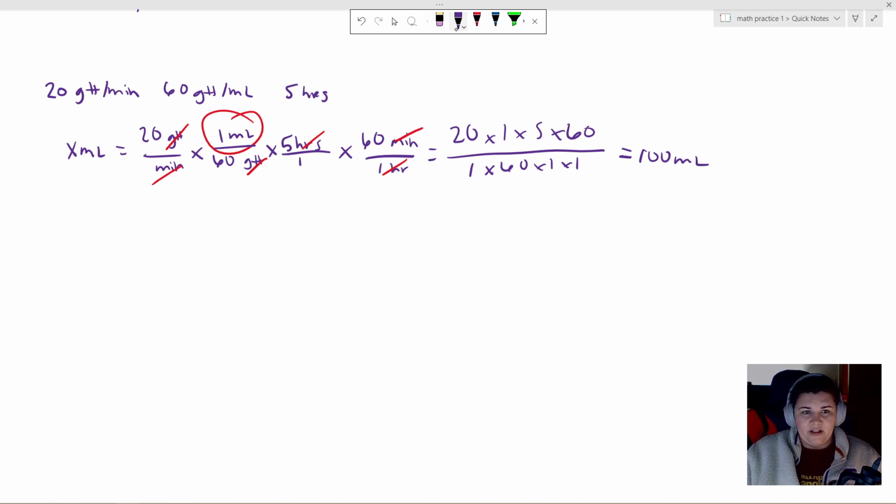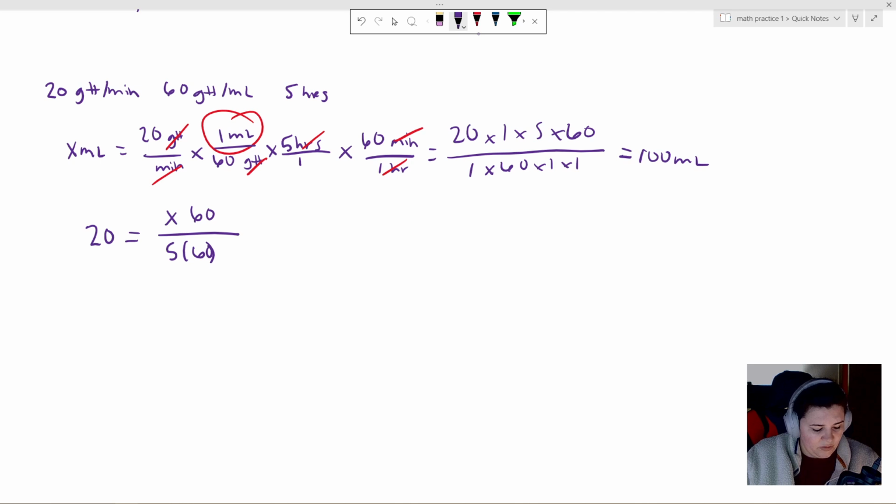Okay, cool. So now we'll do the other way with that formula. So our drops per minute is 20. And we don't know what the milliliters is, so that's going to be X. But we do have a drop factor of 60. And we have 5 hours, but we want it in minutes, so we're going to multiply that by 60.